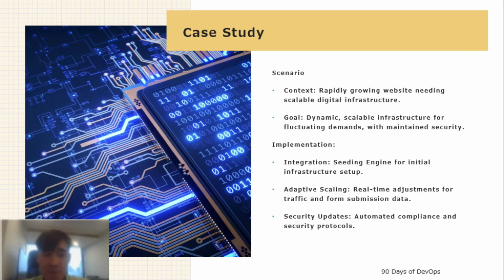So as part of the implementation, I then started to look at how I can do this. And that's when I also set up the seeding engine to see how I can start automating my workflows a bit more. So we use the seeding engine for initial infrastructure setup in this case scenario. I then started looking into how I can do adaptive scaling.